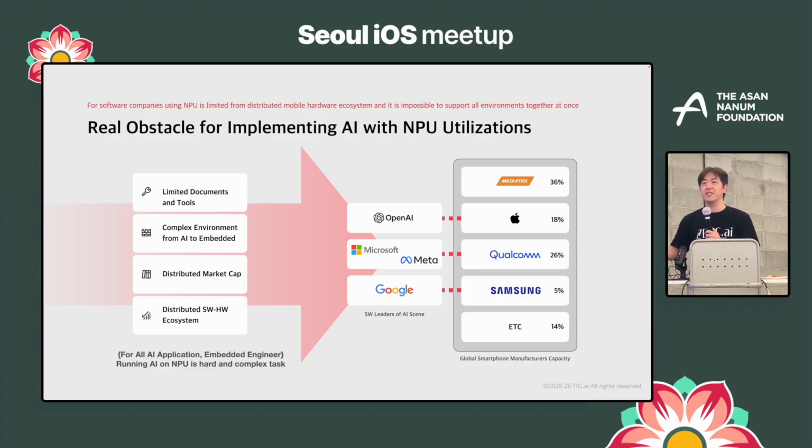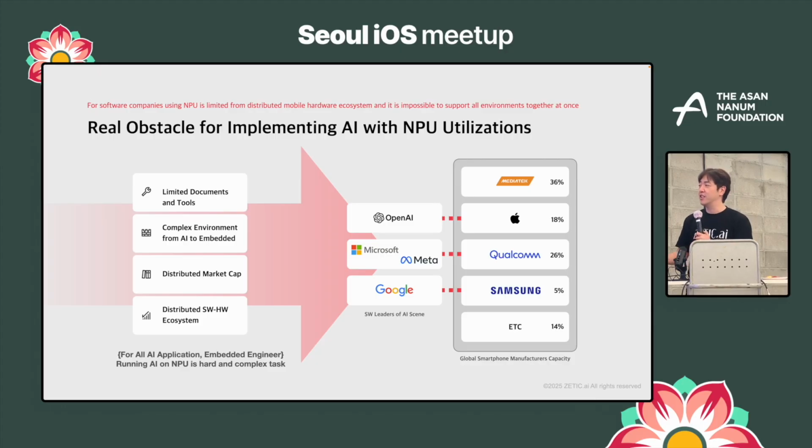So it means that even the giants like OpenAI, Microsoft, and Google hardly utilize the target devices. But if you'd like to make very impactful AI services, are you going to limit your market only to Apple or Qualcomm or Samsung? Are you going to make a ChatGPT only for the Apple environment or running only on Qualcomm devices?